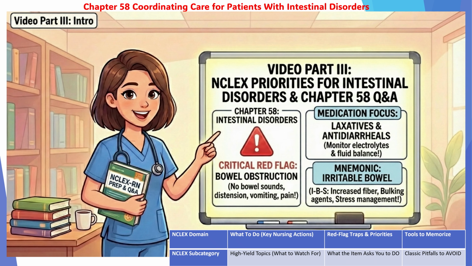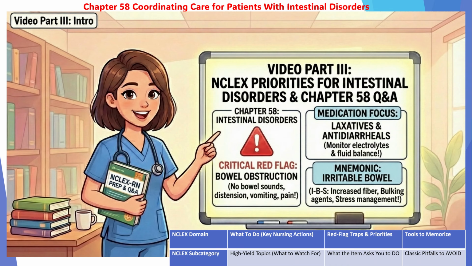Welcome back. This is part 3 for chapter 58, coordinating care for patients with intestinal disorders. As you saw in the outline, it's quite long, but in this video we talk more about NCLEX priorities for intestinal disorders, and we have some questions.